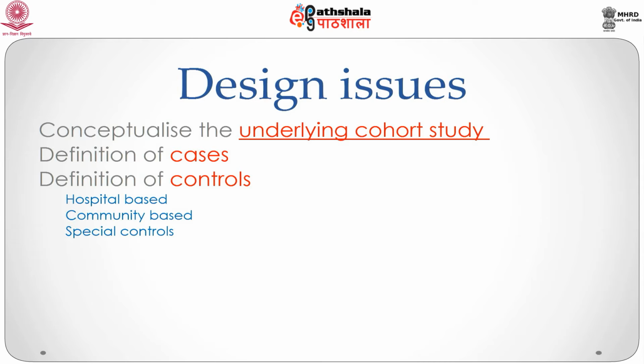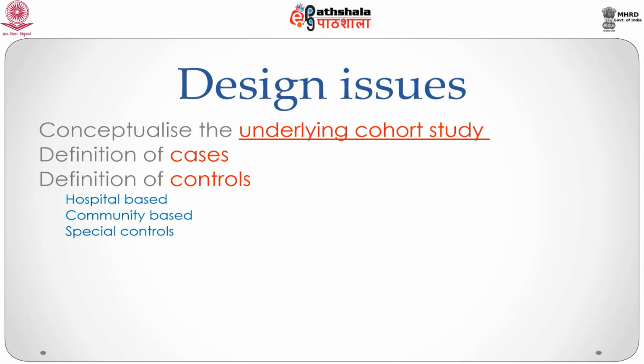To this end, note that we can have hospital-based controls. For example, if our disease is cancer, we may choose to select our controls from some other ward at the same hospital. Say, for example, the injury and trauma ward is a popular choice. We could also have community-based controls, where we sample not from the hospital but go to the general population.